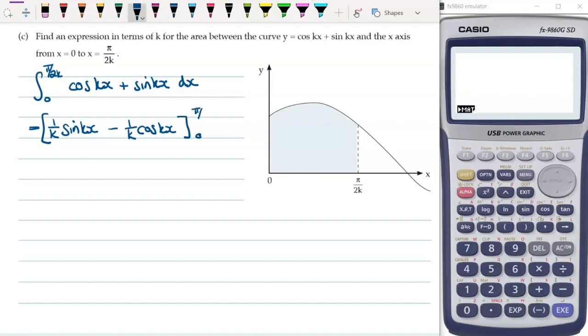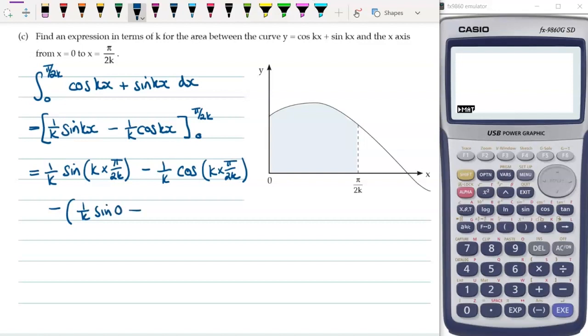And now we sub in the limits. So remembering that we're subbing in for x here, we don't replace the k's. We're going to do 1 over k sine of k times pi by 2k, and then minus 1 over k cos of k times pi by 2k. Then we will take away, subbing in a 0, so that's 1 over k sine 0 minus 1 over k cos 0.